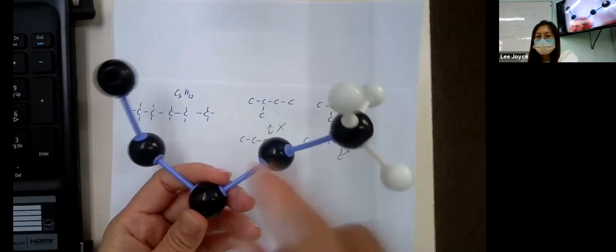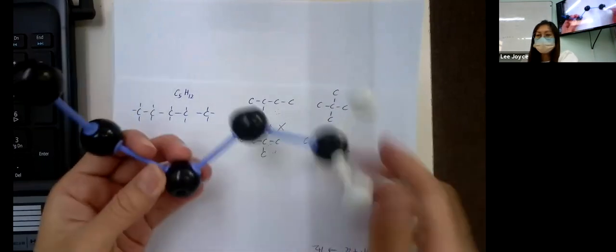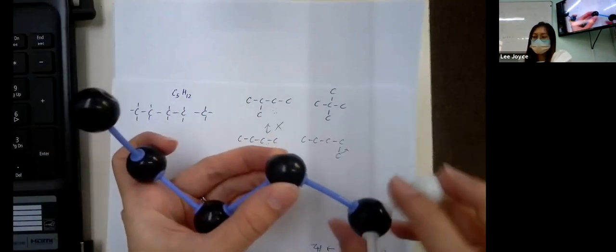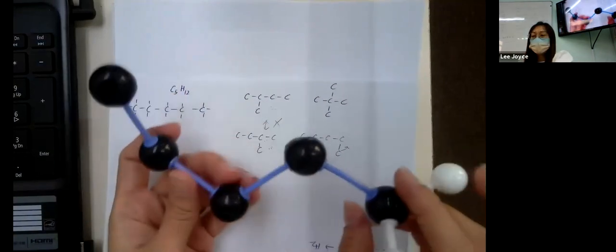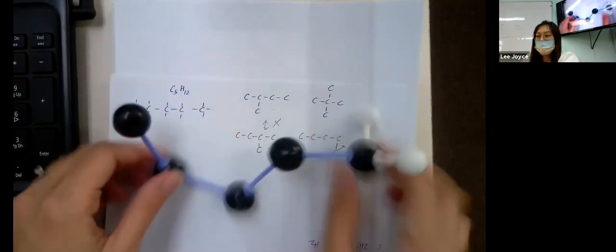Now when I draw it on the paper with this carbon facing down, it's actually taking on this type of arrangement. All these shapes are not a flat shape. It's actually three-dimensional.